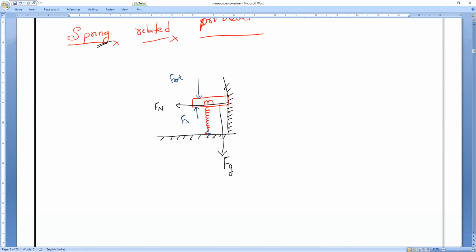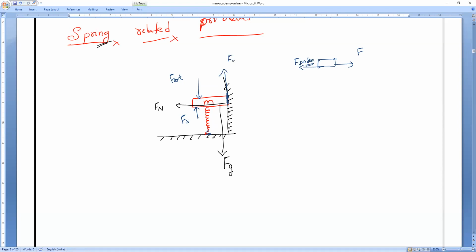Now, observe very carefully. If this body is moving downwards, what does it mean? There is a force acting in the backward direction. If the body is moving in the forward direction, there is a force acting in the backward direction. What is that? Force of friction, as it is attached to the wall.